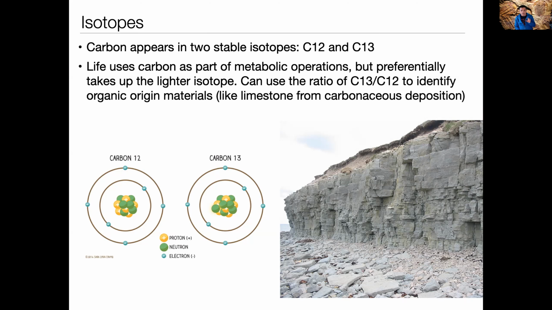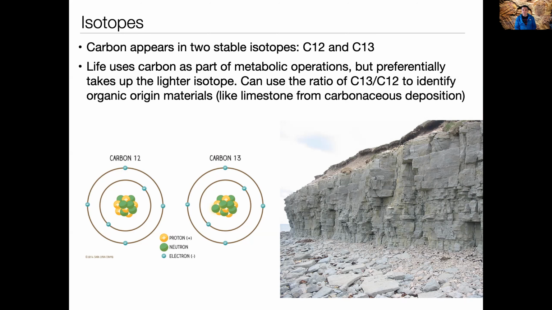Carbon-13 is still carbon and has 6 protons, but I subtract 6 from 13 and I get 7, so there are 7 neutrons. So the only difference between carbon-12 and carbon-13 is that one has 6 neutrons and one has 7. Now, carbon-14 has 8 neutrons, and that makes it radioactive. The half-life of carbon-14 is something like 5,000 years.